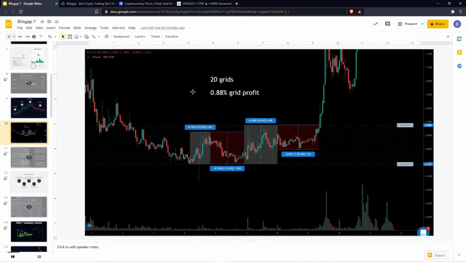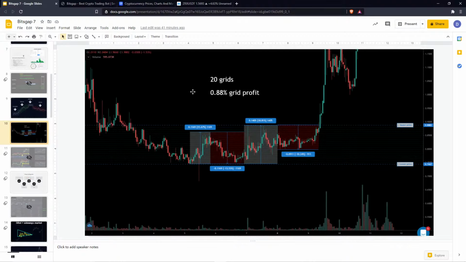If you want to achieve the highest frequency trading rate, then of course increase the amount of grid levels. But as you increase the amount of grid levels, the grid profit diminishes. Okay. But still, it offsets the fact that you now have more grid levels. It still makes up a decent return in the long and mid-term perspective.